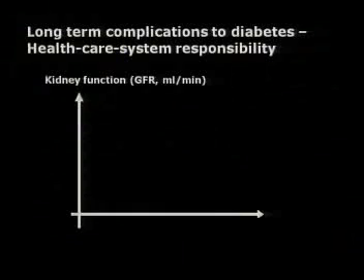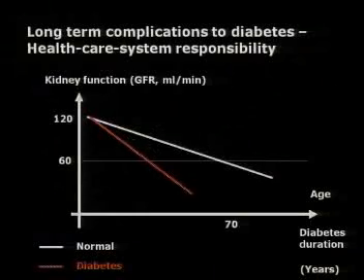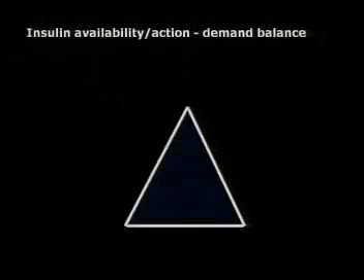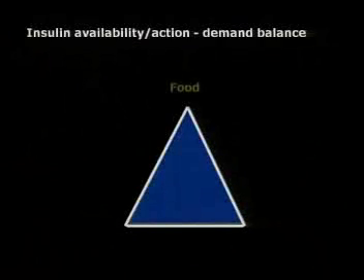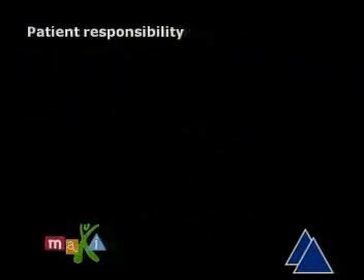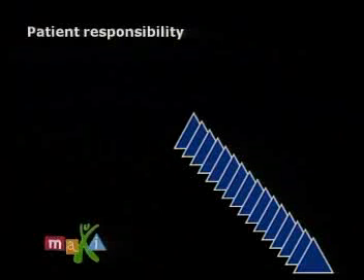Long-term complications, which are the healthcare system's responsibility, could be, for example, kidney function, which will deteriorate over time with diabetes. We will not take this into consideration. In this project, we are taking into consideration the balance between food, physical activity, and insulin, the everyday balance that the patient has to do 6 or 8 times a day, depending on when they do physical exercise or food intake.